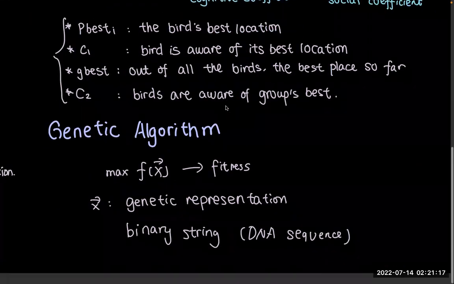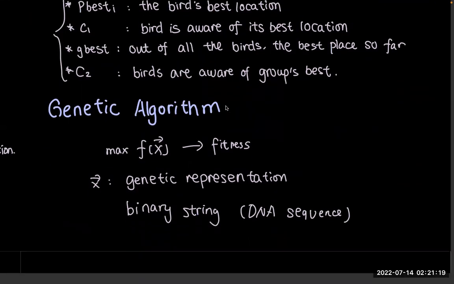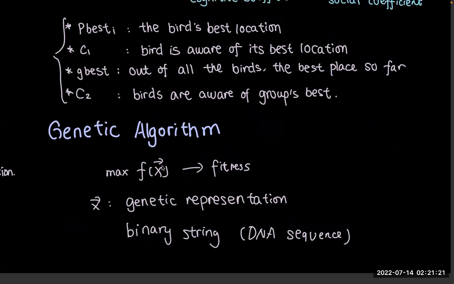So another algorithm is a genetic algorithm, where we want to maximize f of x. Here again, f is an objective function, and we can interpret f of x as a fitness function.